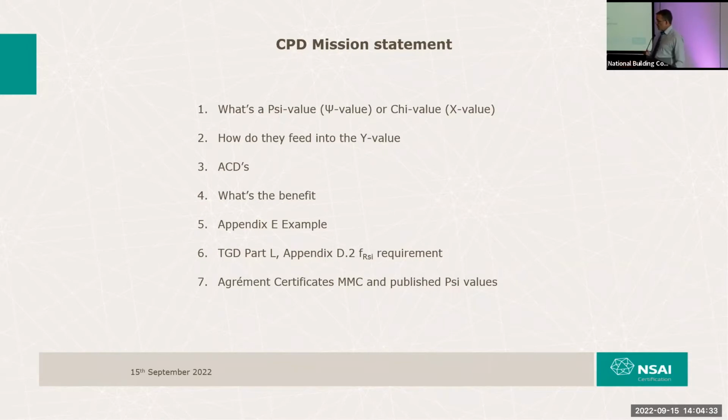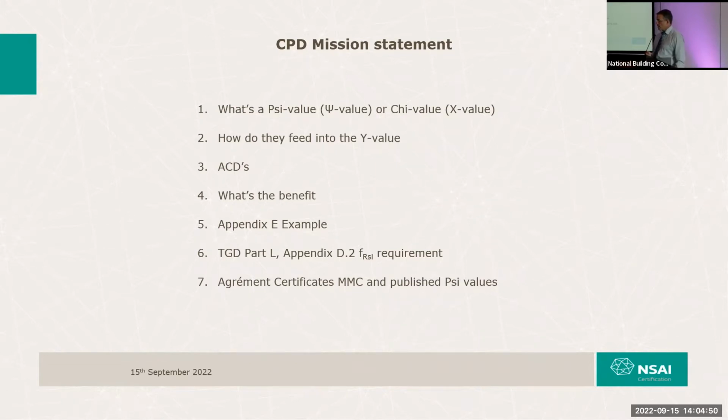So we'll go through what a Psi value or Chi value is, and how they feed into the Y value calculation. We've spoken at length about ACDs. What's the benefit? We'll take a look at an example Y value calculation on the Appendix E house, as I call it.